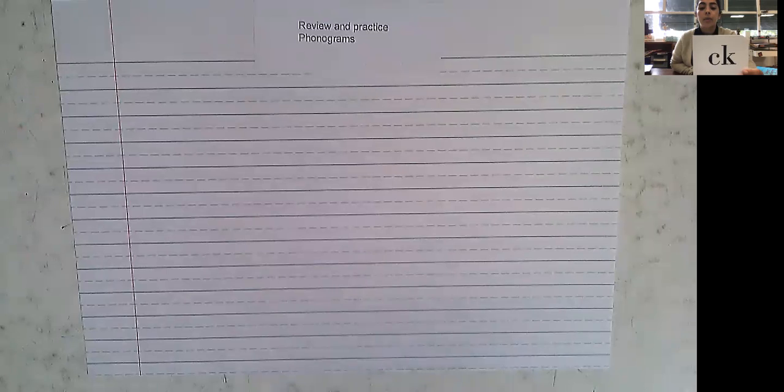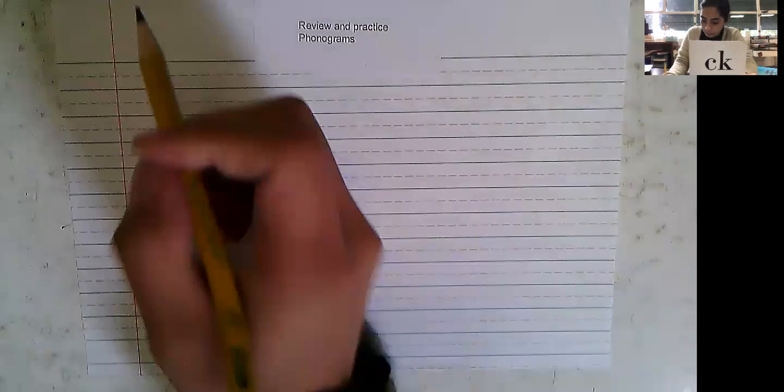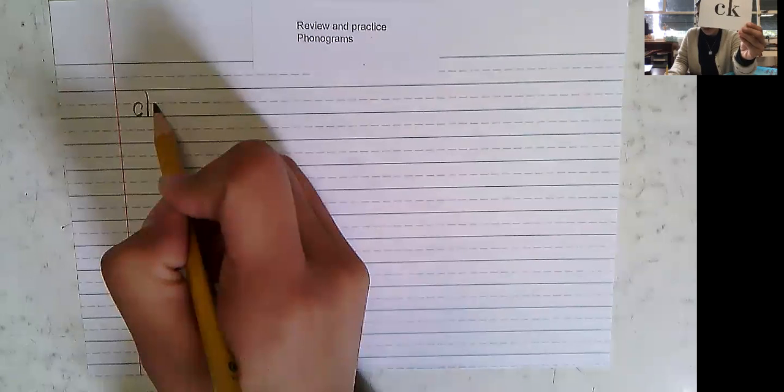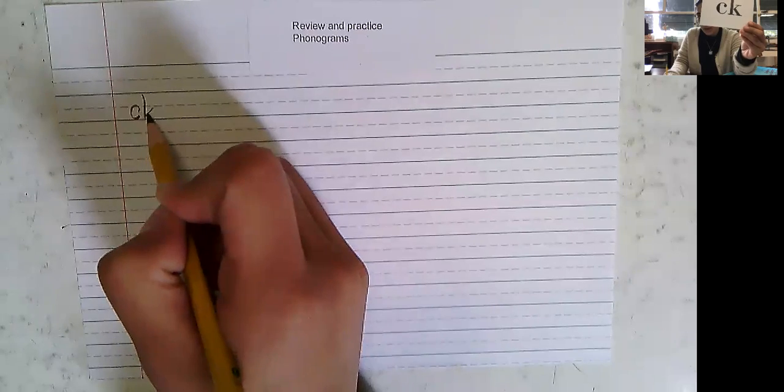Let's write it down. Remember our K, we draw a line down, and then from the middle dotted line, we draw a slanted line to the middle and then back.